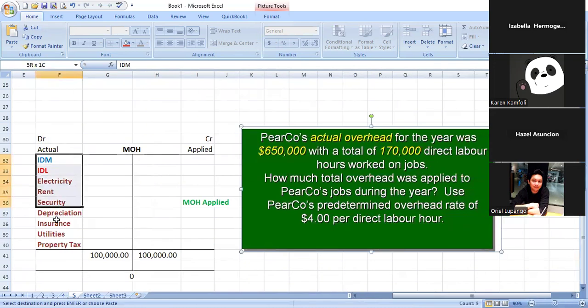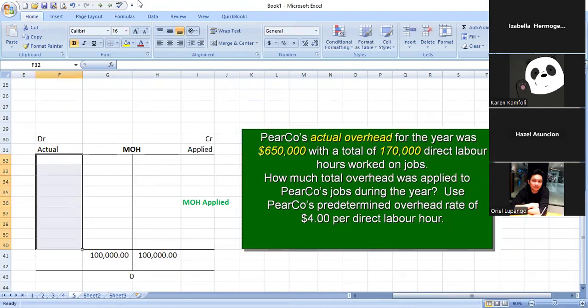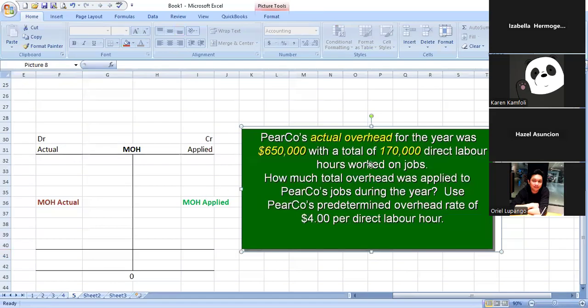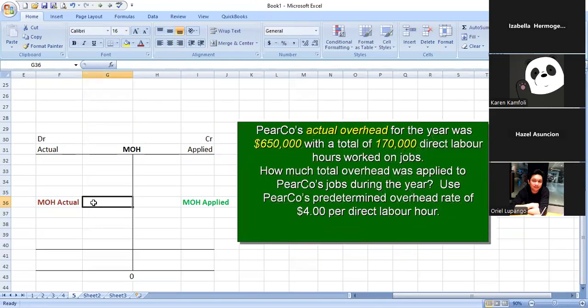On one side, we have the actual, correct? On the other side, manufacturer overhead, that's actual. On the other side, we have applied. How much is my actual? 650,000.